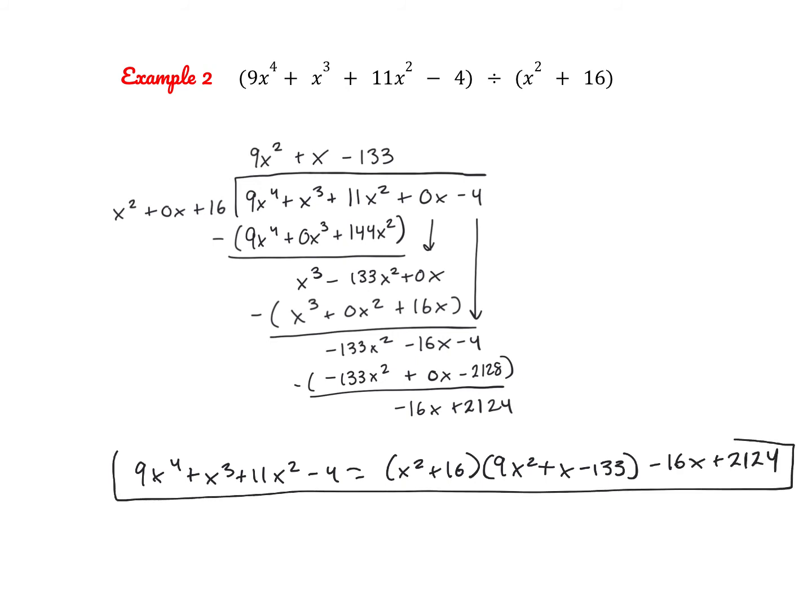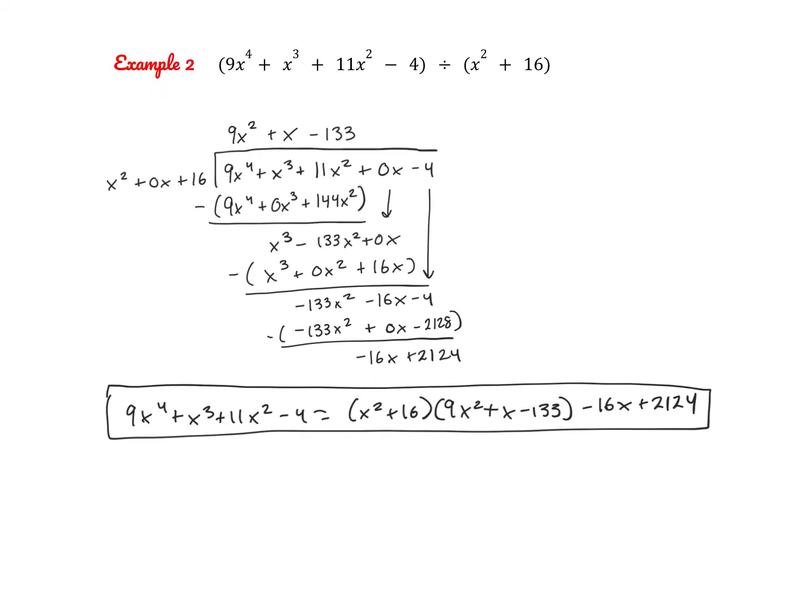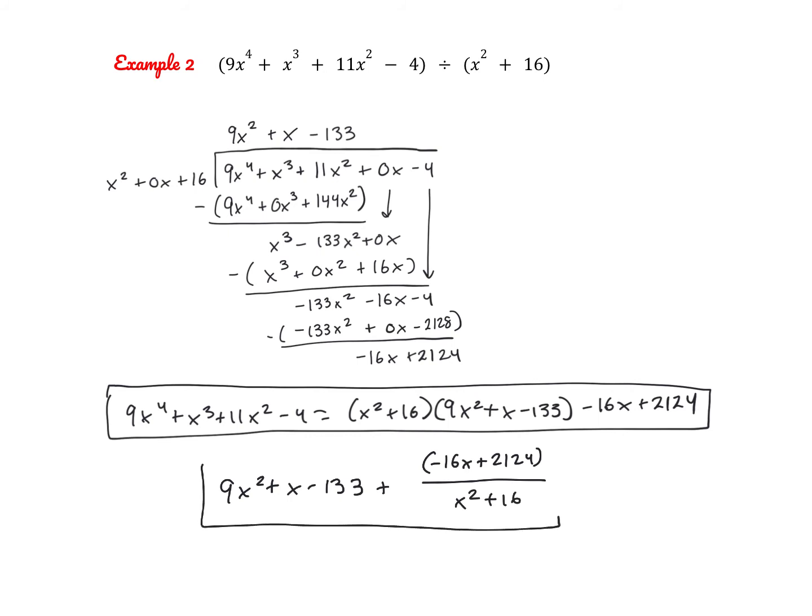So this is like the factored version of our polynomial, or we could write it as an answer. So the answer was 9x squared plus x minus 133 plus our remainder divided by our divisor. So two different ways to write our answer.